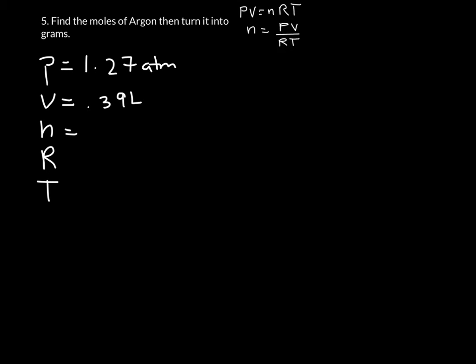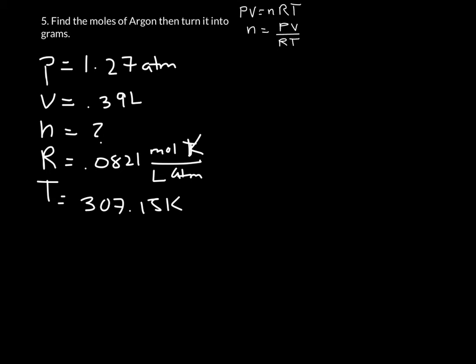We don't know what the moles of argon are, which we're going to look for. The R constant, which is 0.0821 liters times atmospheres over moles times temperature, and then the temperature, which we found, 307.15 kelvins, since the temperature is constant throughout.